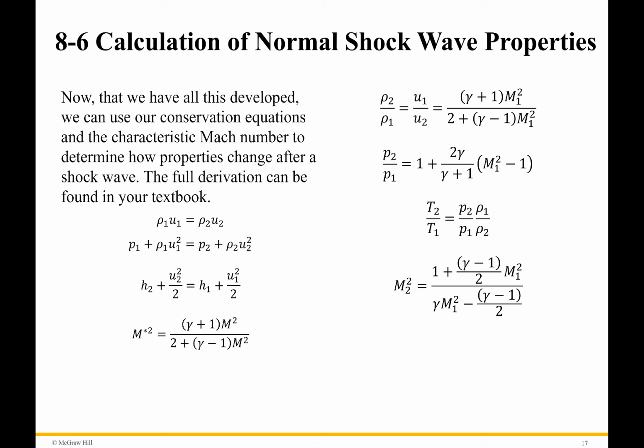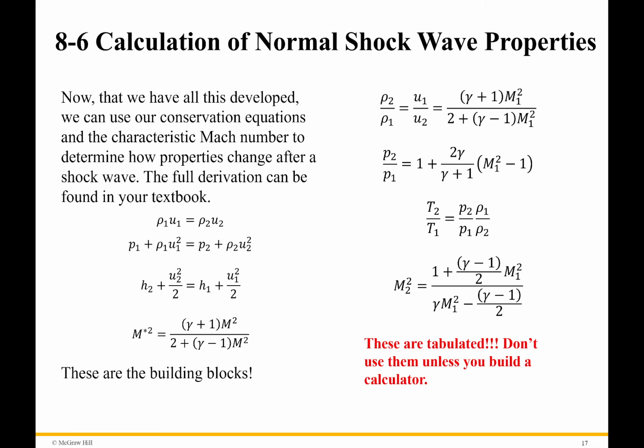I'm not going to go through that full derivation. The derivation can be found in your textbook. It's there for you. And here are the equations. If you want to write them down, you're more than welcome to. What I want to say is this: these are tabulated. There's an appendix, Appendix B, which I'm going to show you in just a minute.